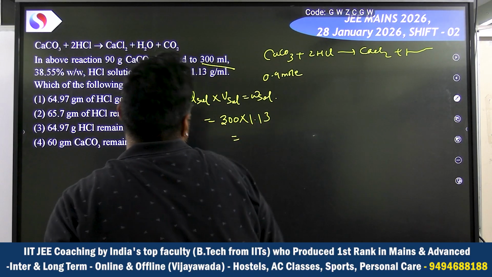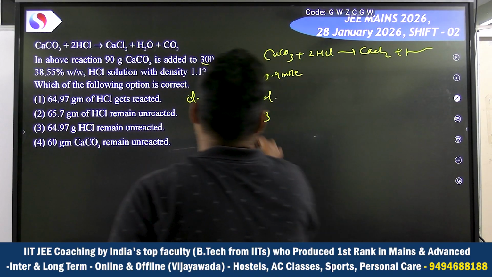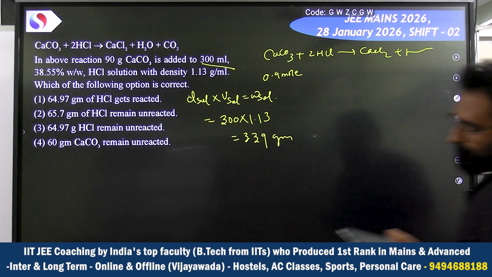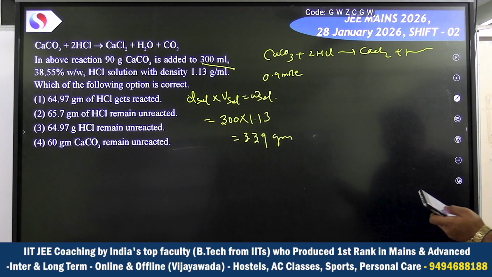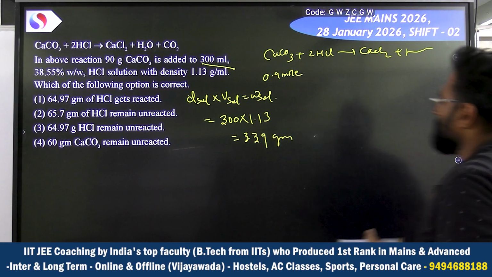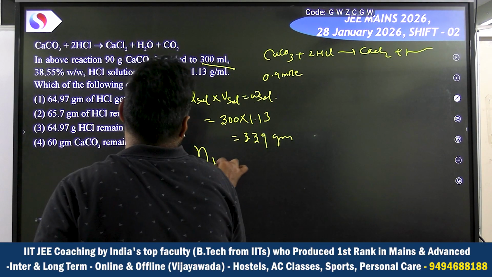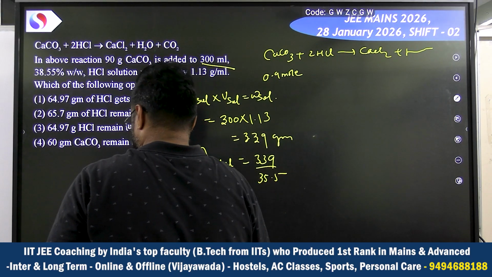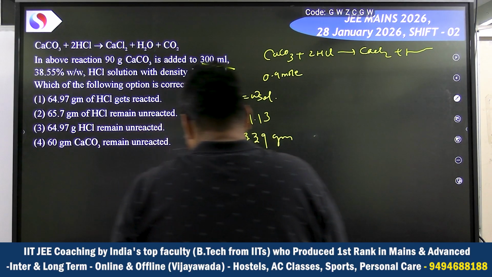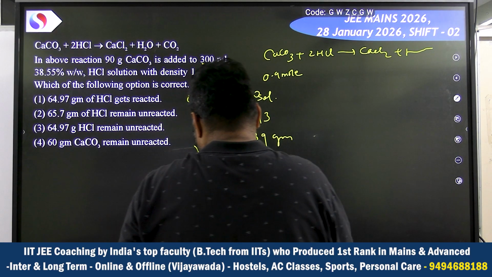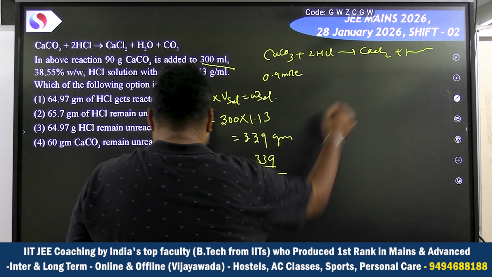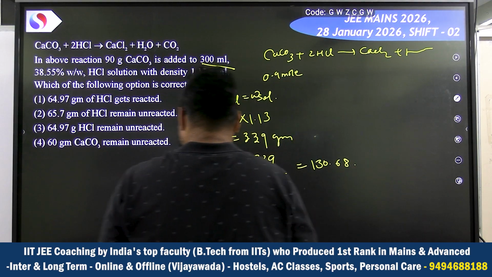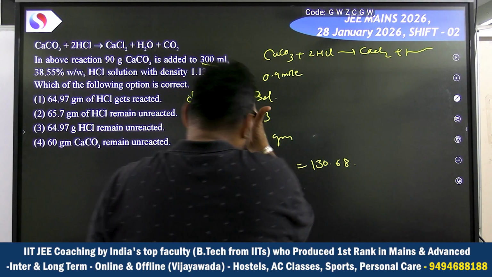So this will be कितना हो जाएगा? 339 grams. Correct? So number of moles of HCl will be 339 divided by 35.5. So what will be the answer? 130.68. Sorry, क्या लिखा?